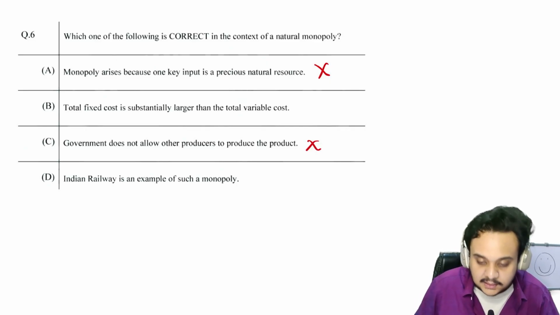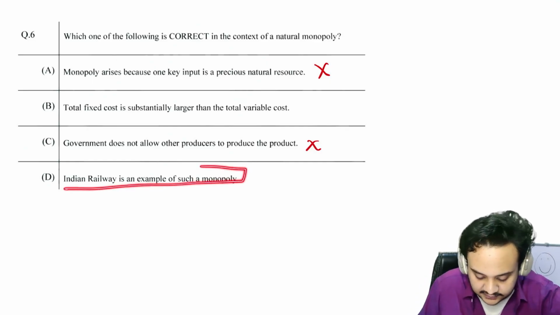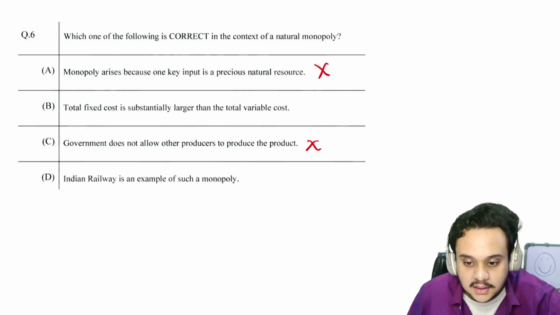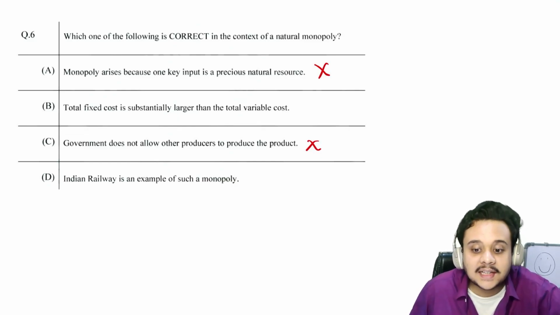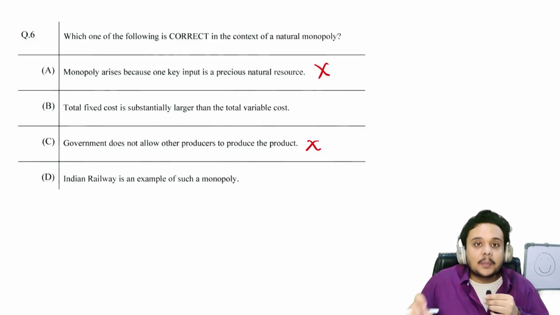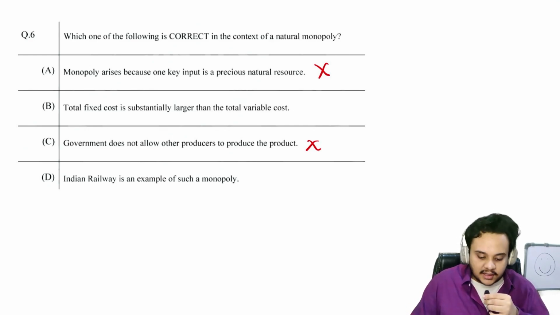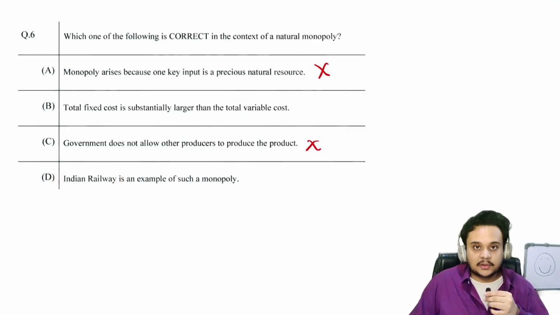Now comes the very tricky part. Indian Railway is an example of such a monopoly. Now, even though this statement is correct, in most of the colleges in DU or wherever you go, you will see that it is very common for a professor or a teacher, when they are talking about a natural monopoly, to give the example of Indian Railways, right? It is very, very common for them, and it also makes a lot of sense.